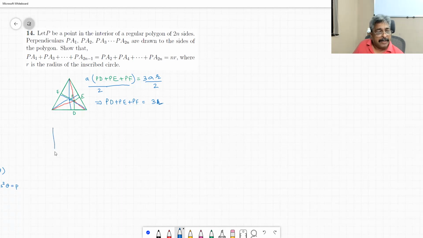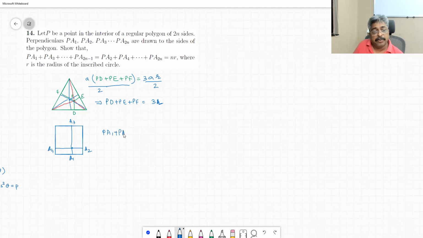Now, if we look at a square, is this property true for a square? If we put perpendiculars from any point P onto the sides of the square, will they add up? Let us name them PA1, PA2, PA3, PA4.